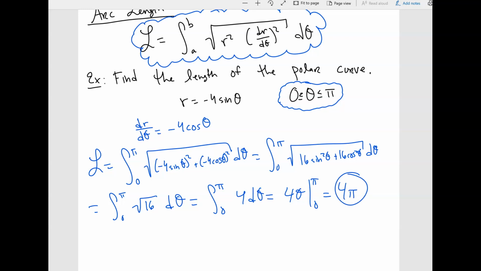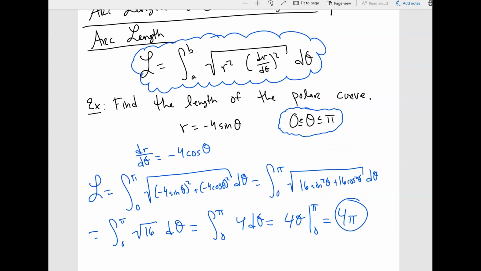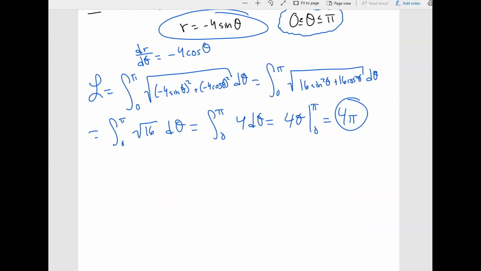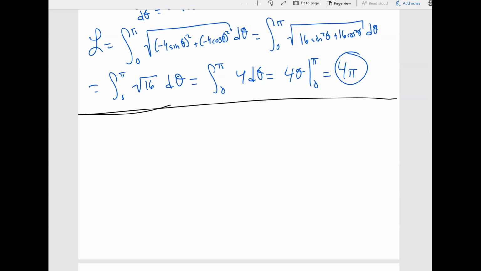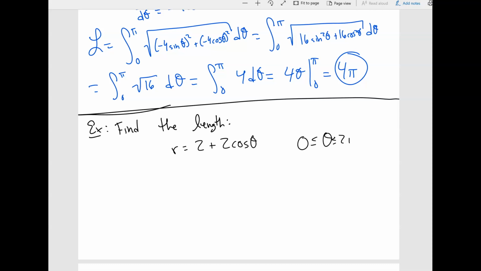Now, not all problems are going to be this easy because it really just depends on what r is going to be. So let's do one where it's a little bit more involved and you actually have to use some identities. So let's say we want to find the length of the following. So let's say r is equal to 2 plus 2 cosine theta, and theta is from 0 to 2 pi.